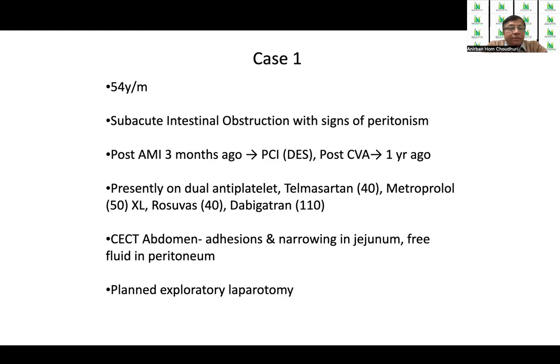The patient is presently on dual antiplatelet, telmisartan 40 mg OD, metoprolol extended release 50 mg OD, rosuvastatin, and dabigatran. On examination, the CECT abdomen shows adhesions and narrowing in the jejunum with free fluid in the peritoneum, which calls for exploratory laparotomy to release those adhesions and also send for biopsy. Thereafter, the patient is planned for an exploratory laparotomy.